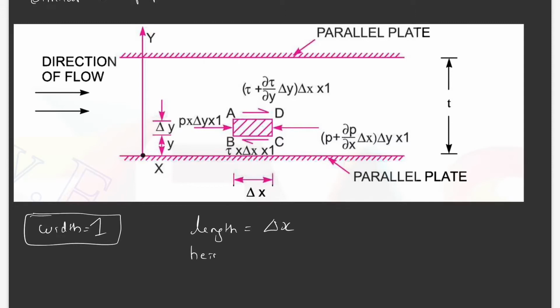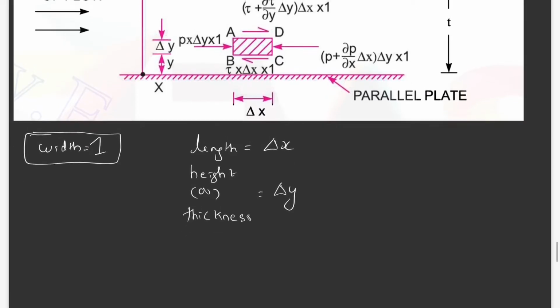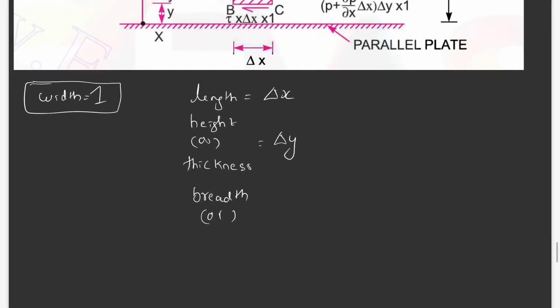Height or thickness is equal to delta y. The breadth or width here is equal to 1. There we took it as delta z, but here we are taking it as 1. This is to ease our calculations even more.